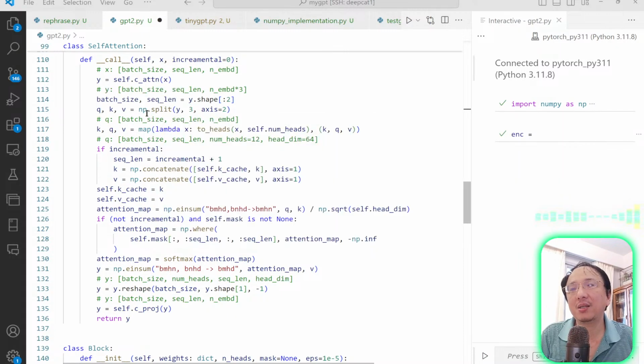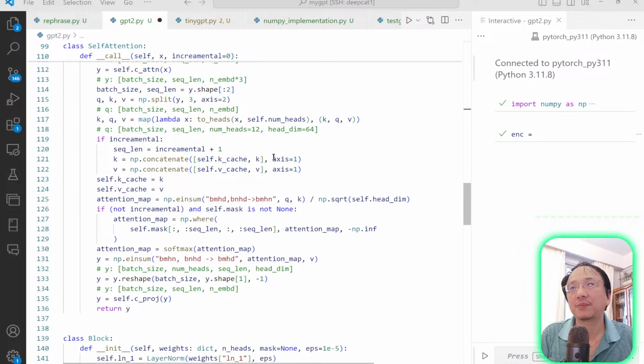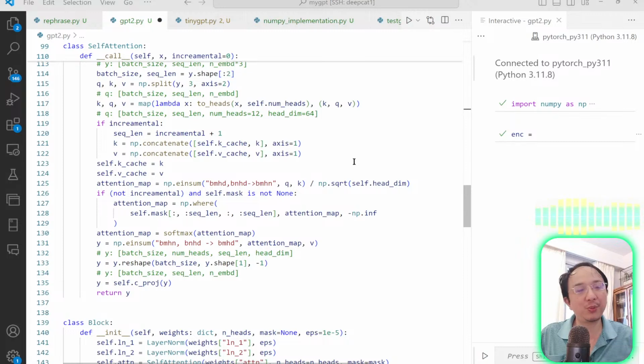We split the vector into the KQV parts. And because we are using multi-heads, we further split the KQV into the multi-head setting, because each of K, Q, and V is going to be multi-head. So we split each vector into smaller vectors.